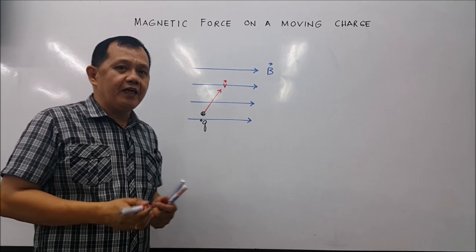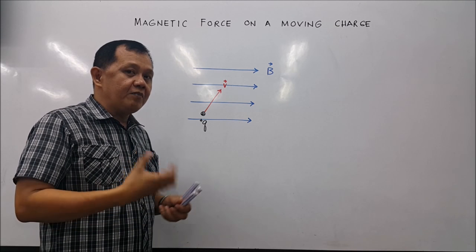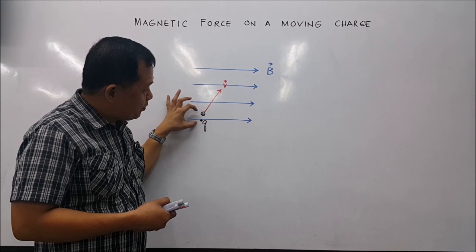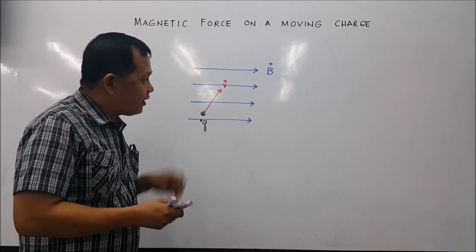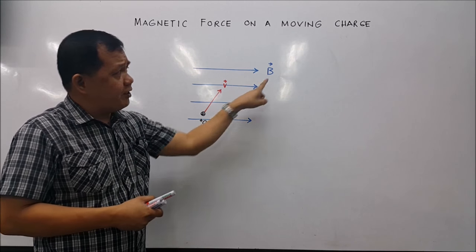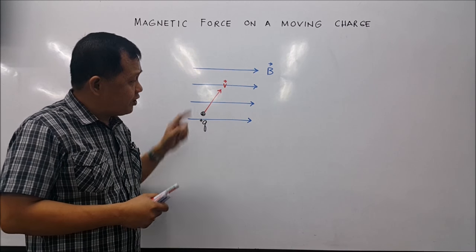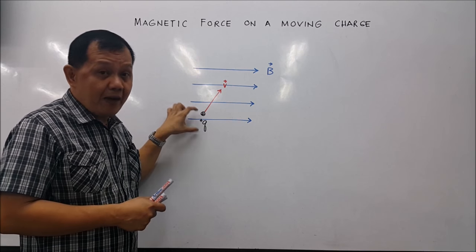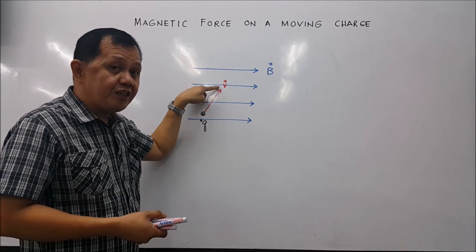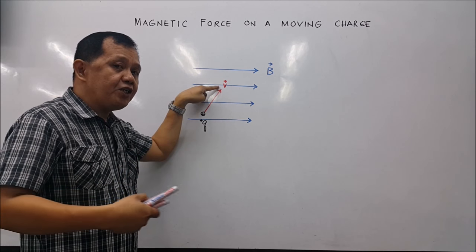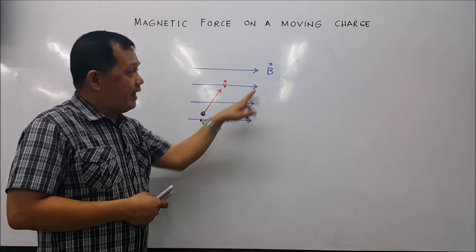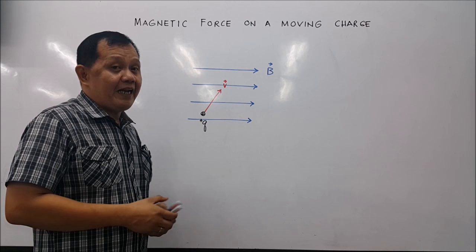Now, there are experimental observations on the magnetic force exerted by the magnetic field B on this charge Q. The factors that determine the magnetic force exerted by the external field on the charge Q are the magnitude of the charge, the magnitude of the velocity, well actually the magnitude of the velocity component perpendicular to the magnetic field, and the magnetic field strength.